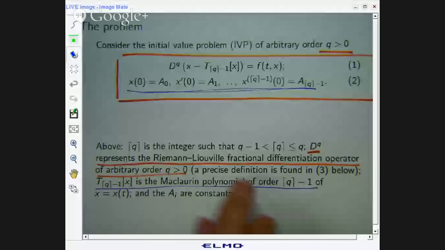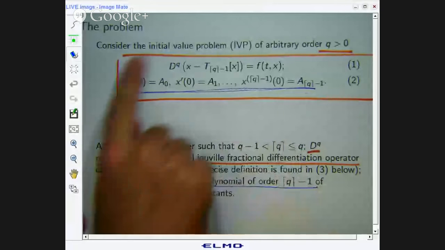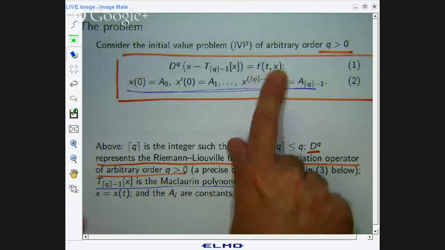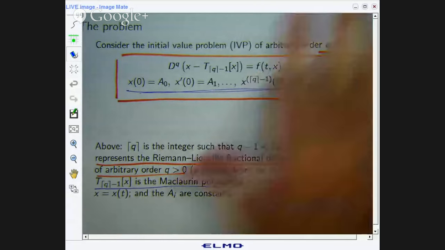Now you might think that's a weird combination, but this combination was suggested by a mathematician called Caputo, who realized that the initial conditions actually model phenomena better when the integer orders are there in the derivatives. And the a_i are just constants. So this is the problem. f is going to be assumed to be continuous and perhaps non-linear.